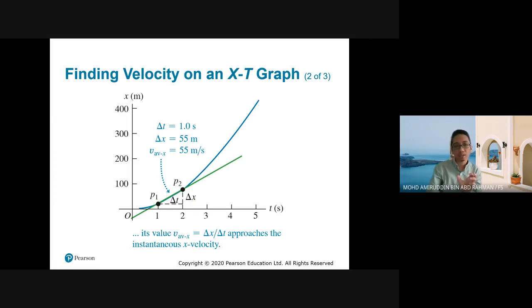If you start from the initial point where the object is moving slower, but let's say we are looking for the average velocity at point 2 to point 3, what do you expect of the value of the average velocity? Anyone can answer me?